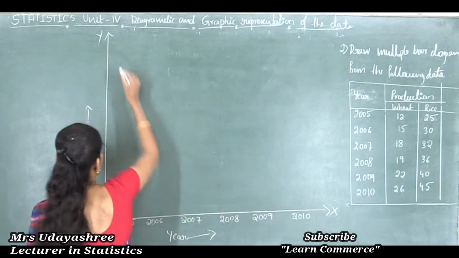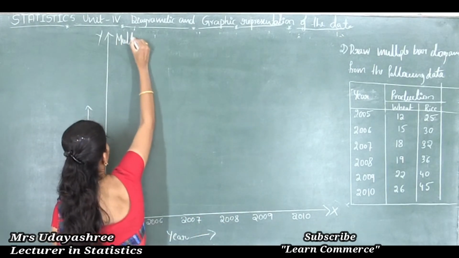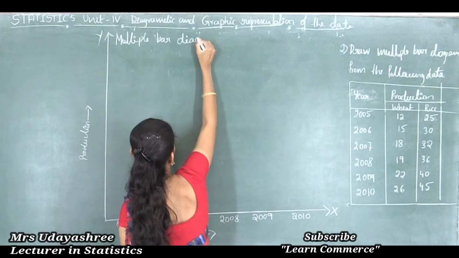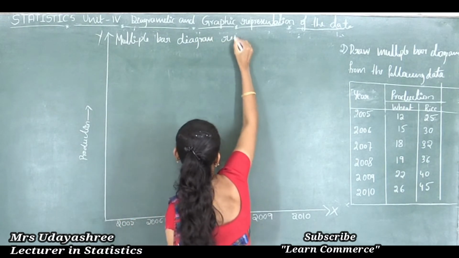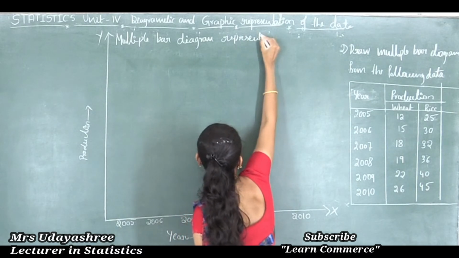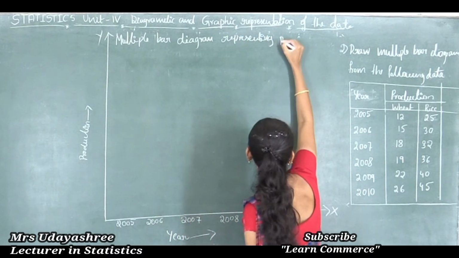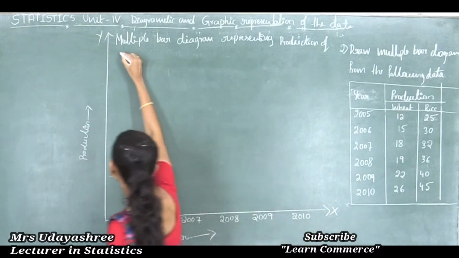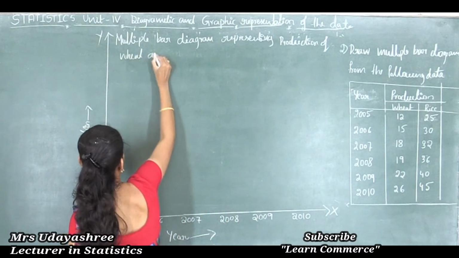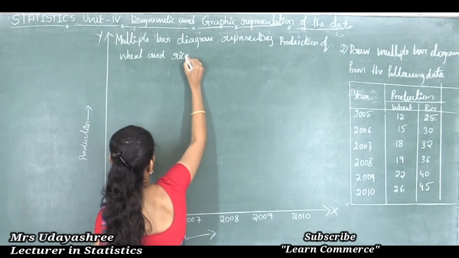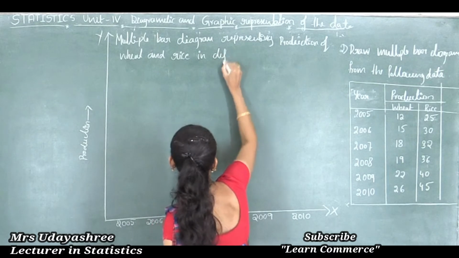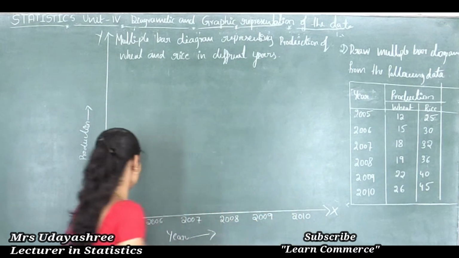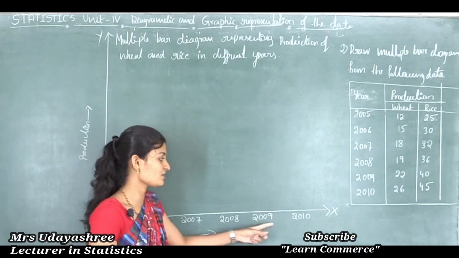So the title is multiple bar diagram representing production of wheat and rice in different years.